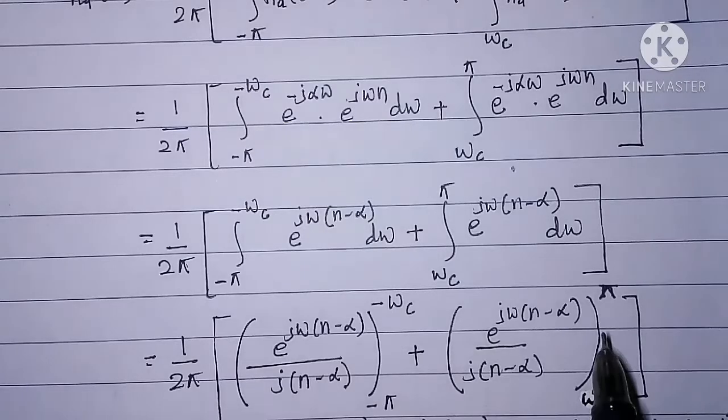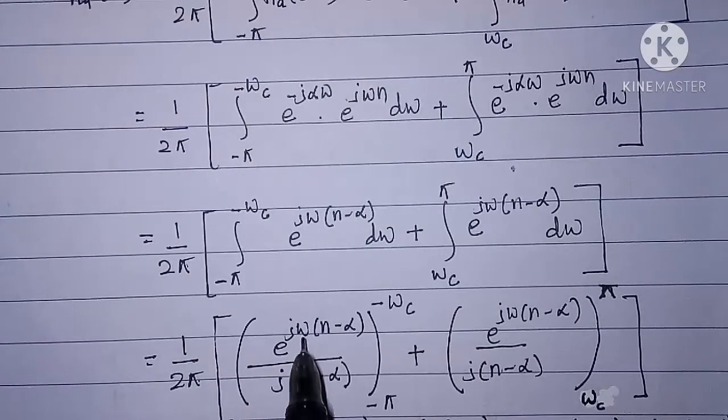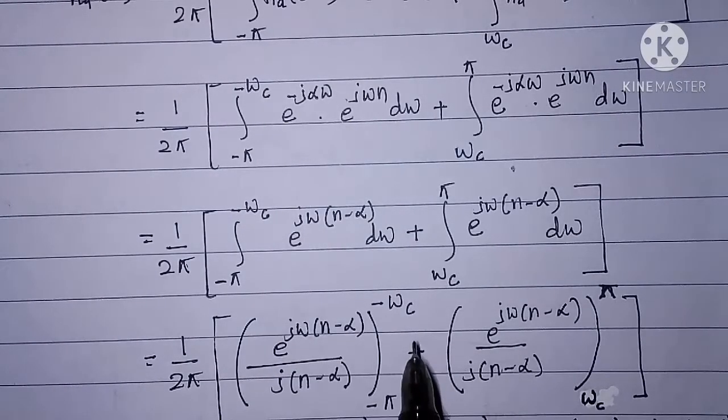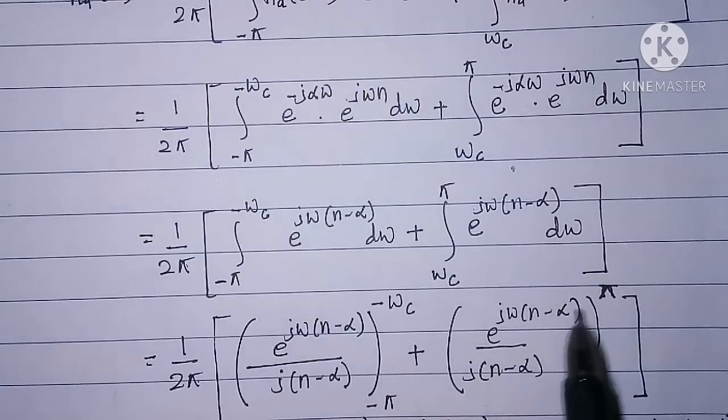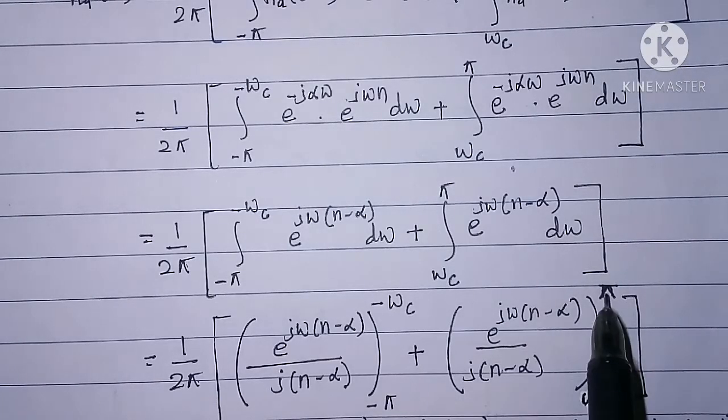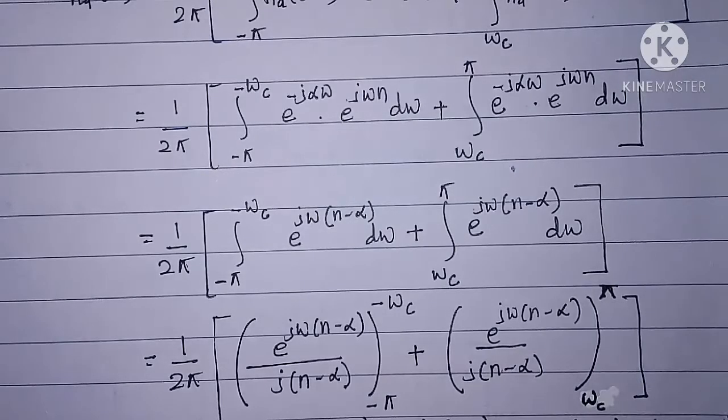Now substituting in place of omega the value of minus omega c, minus pi, and here in place of omega, pi and omega c.